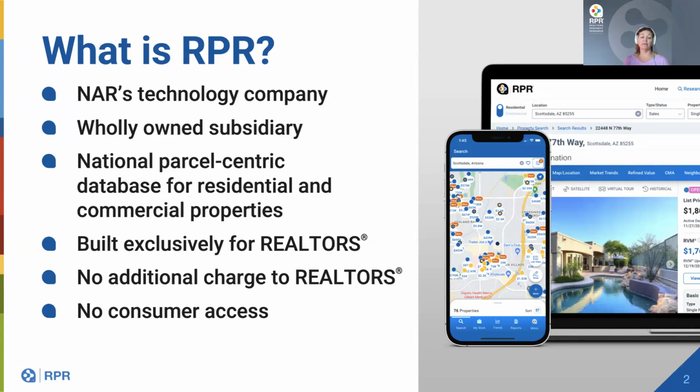Now, in another scenario, let's say you're in Houston and you have clients that are selling and moving to the other side of the Gulf of Mexico, over by me in the Tampa Bay area of Florida. You can go into RPR and search the Tampa Bay area, and you will see active listings because the MLS that covers this market area, Stellar MLS, shares actives with realtors across the US. So there are pockets across the country where you will see active listing data.